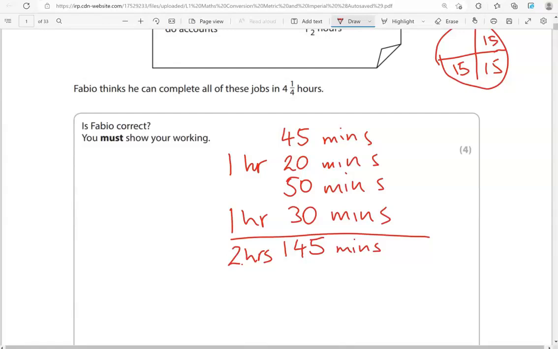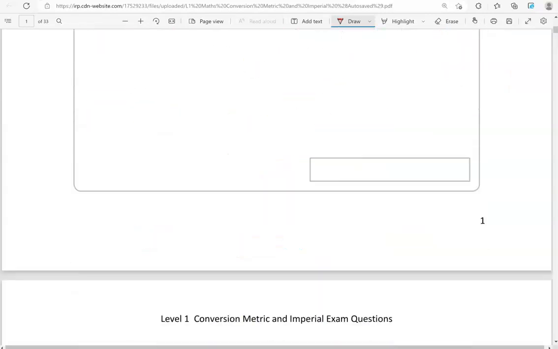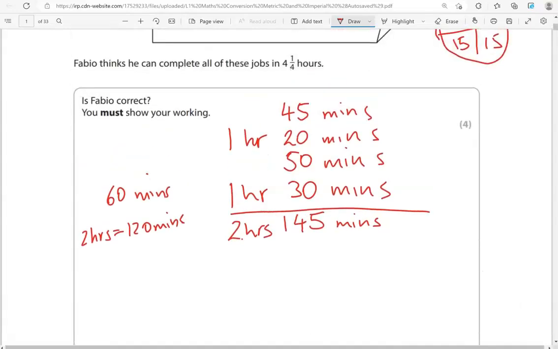145 minutes, how many hours is that? In 1 hour, there are 60 minutes. So 2 hours will be 120 minutes. So if I take away 120 from 145, that leaves me with 25 minutes.